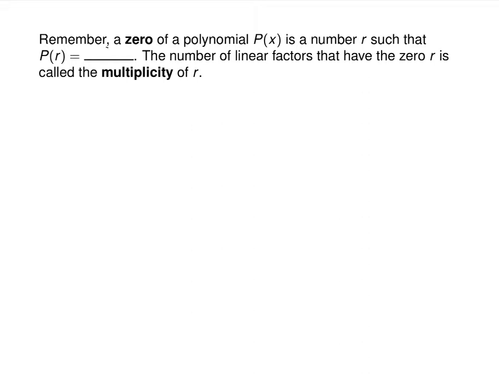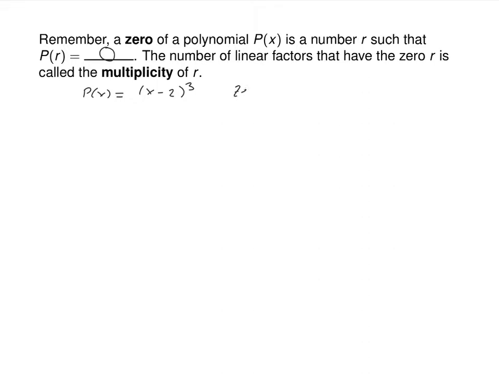You get out 0. One thing we didn't talk about yesterday is something called the multiplicity of the zero. Sometimes zeros happen more than once. For example, if I gave you p of x equals (x minus 2) to the third, what is the zero of that polynomial?